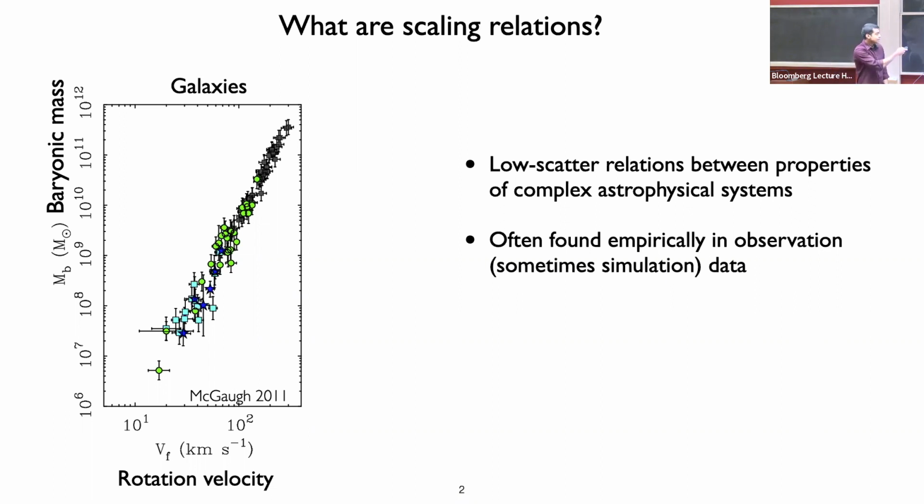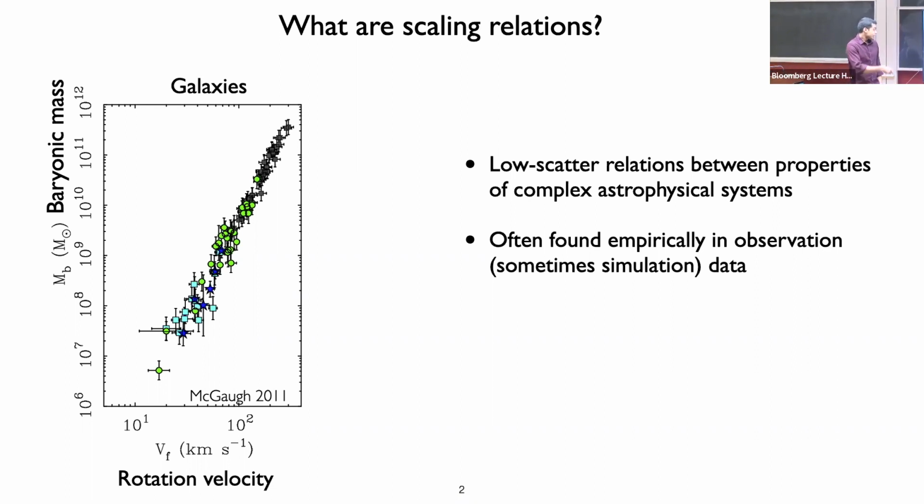What are they? They are just low scatter relations between properties of complex astrophysical systems, for example galaxies, stars, supernovae, exoplanets, or clusters of galaxies. Scaling relations are often found empirically in observation or sometimes simulation data.